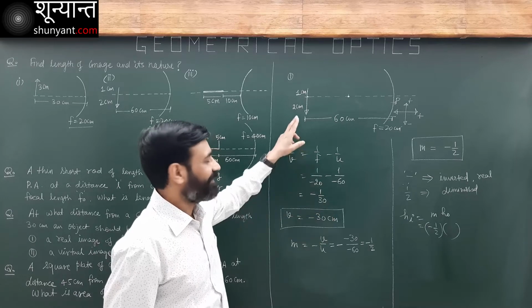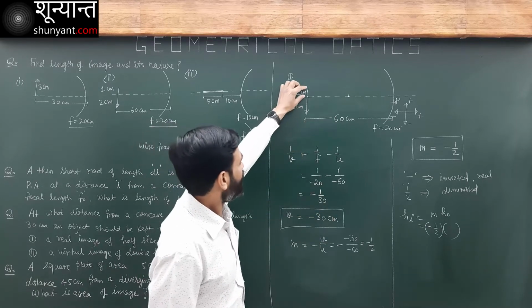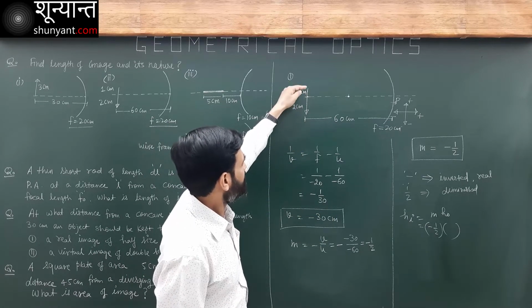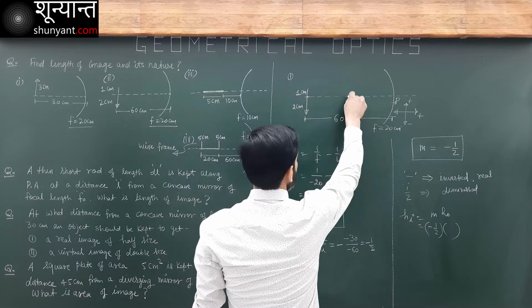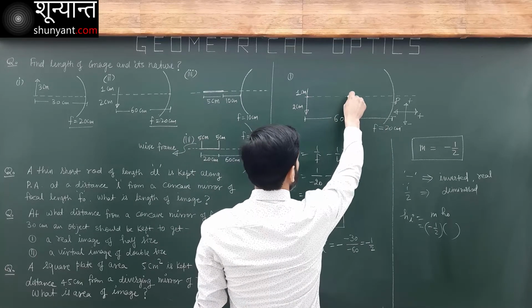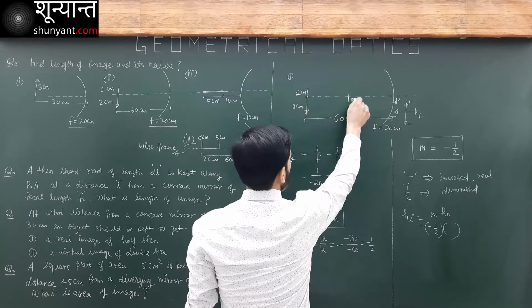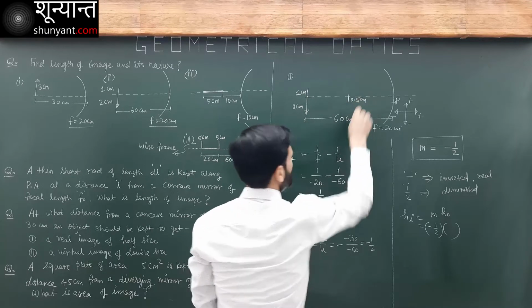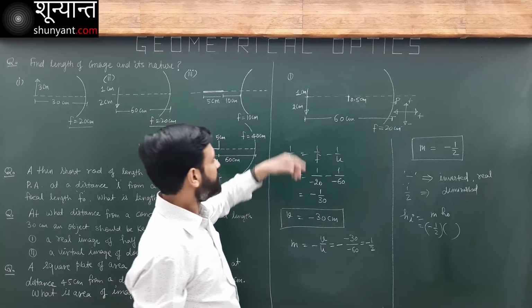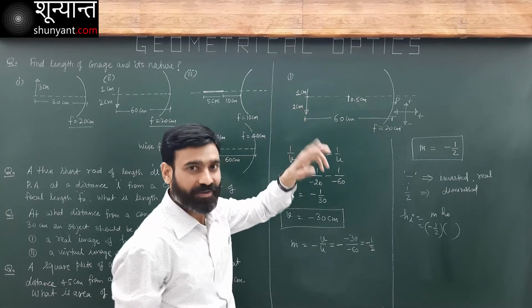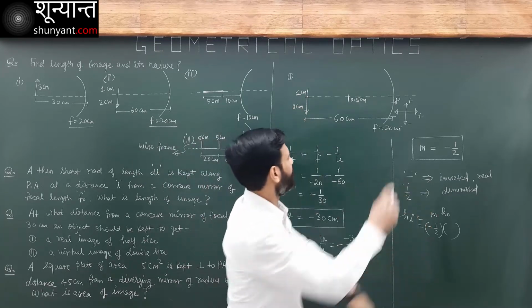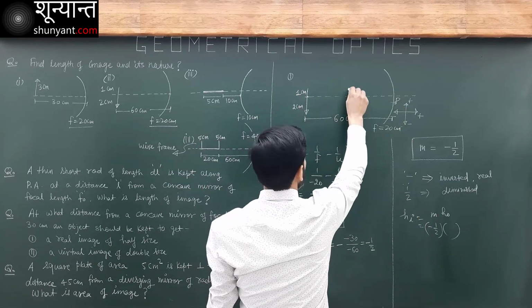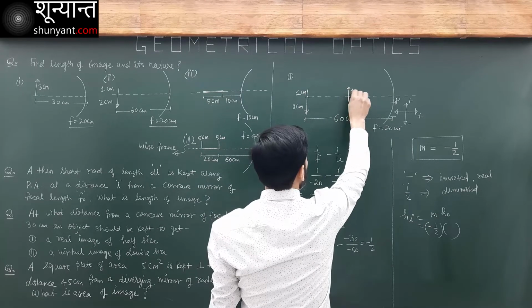Let's see. This part of the image, which is above the principal axis, is going to be below the principal axis. This is 1. This will become 0.5 centimeter. The part of the object which is below the principal axis is going to be above the principal axis because it is inverted. It will become half of that, 1 centimeter.